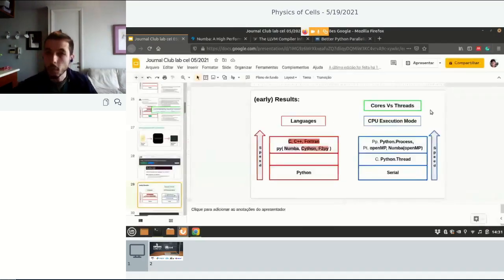Okay. So this was part one of the talk, about the language, and part two would be about execution. So I will show some results. I will explain how each one of those things works, what is a core, what is a thread, what is parallel processing, what is parallel threading, and how to make the best use of these tools, combining with the language.